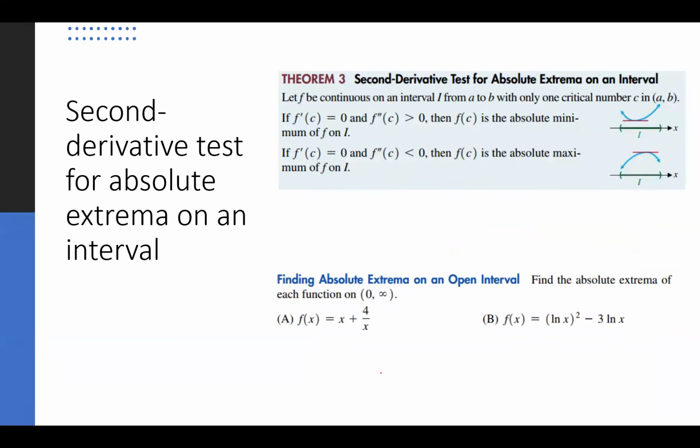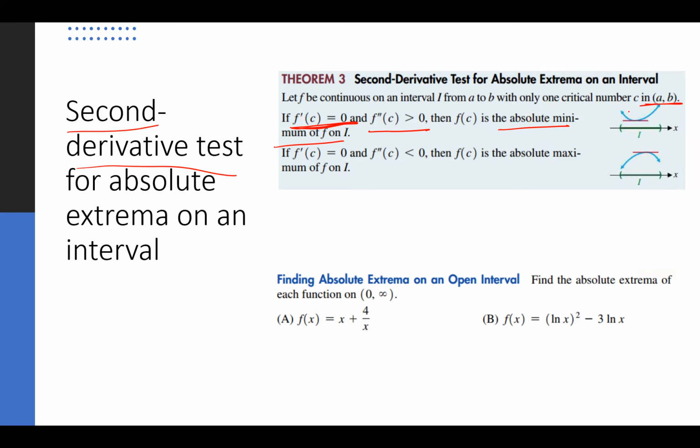Now, last point I want to mention before we end this video is the second derivative test for locating the extrema points. What it means is that if the first derivative is zero and the second derivative is positive, then this is the absolute minimum, which is basically what we covered in the previous slide, right?